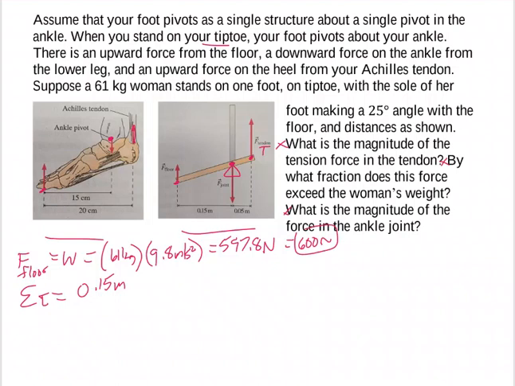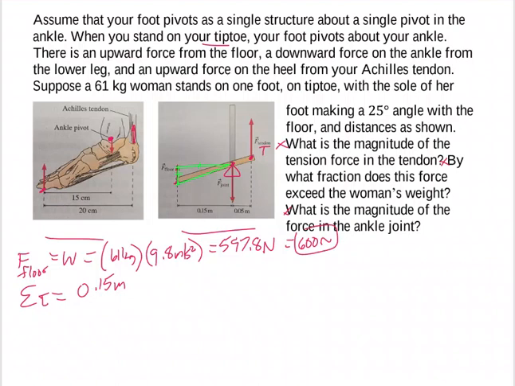The 0.15 is the length from the ankle over, and I'm making this line right here, the distance over to the force, and the force is perpendicular. So it is 0.15, and then I'm dealing with a perpendicular force.